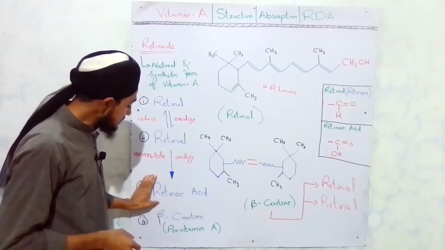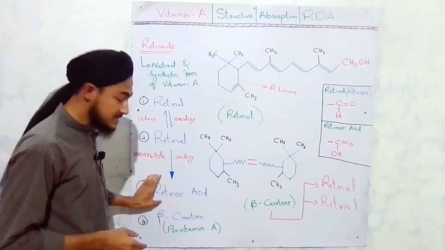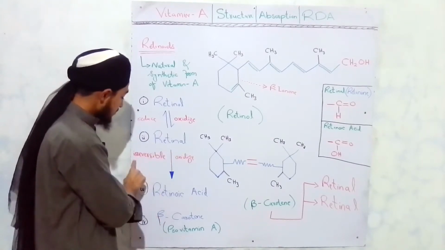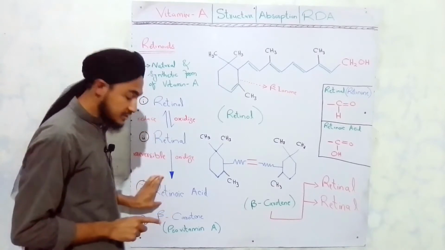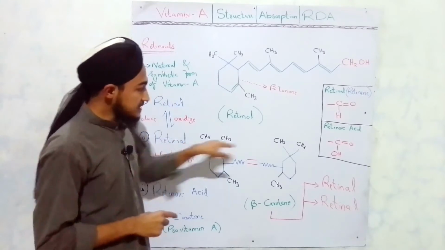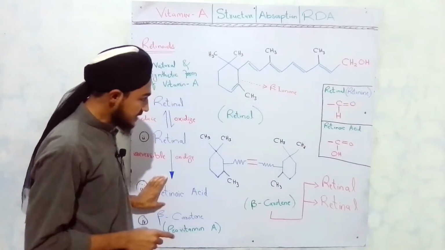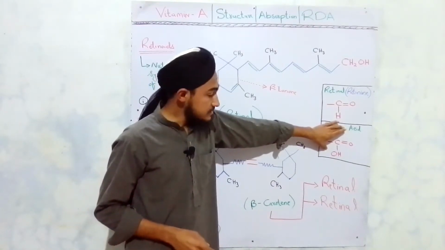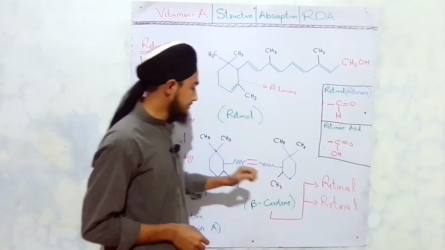It means that once retinoic acid is formed from retinal, then retinoic acid could not be converted back into retinal. The reaction is irreversible. And the difference between retinal and retinoic acid is that retinal has an aldehyde group at the end of the chain, while retinoic acid has a carboxylic group at the end of the chain.